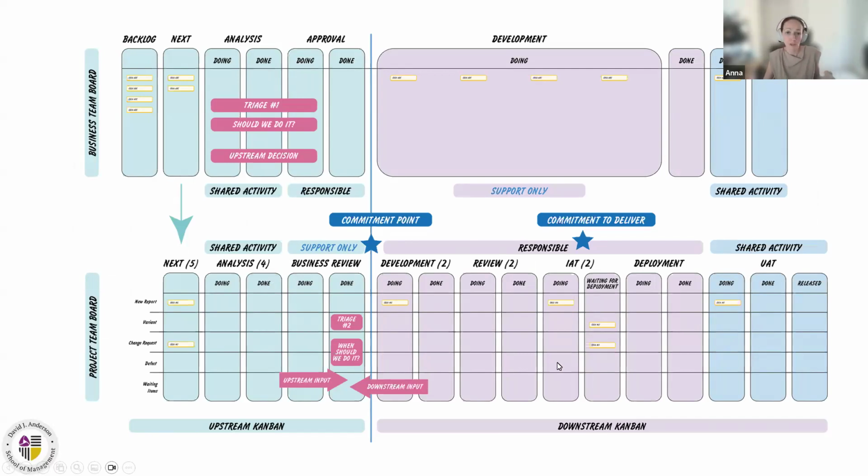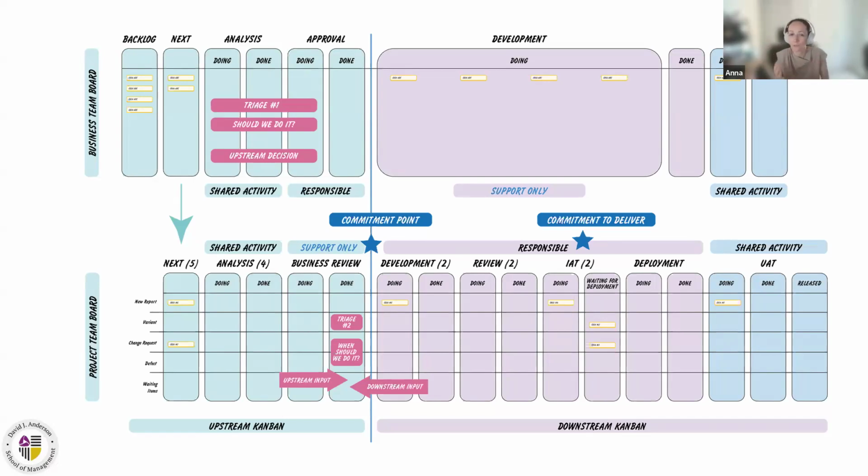Why a two-board solution instead of a three-board solution? Because here we have just upstream, commitment, downstream. There is no middle ground. The client is involved in work with the upstream system. The client is also involved in user acceptance testing. But upstream and downstream work happens within the same organization.